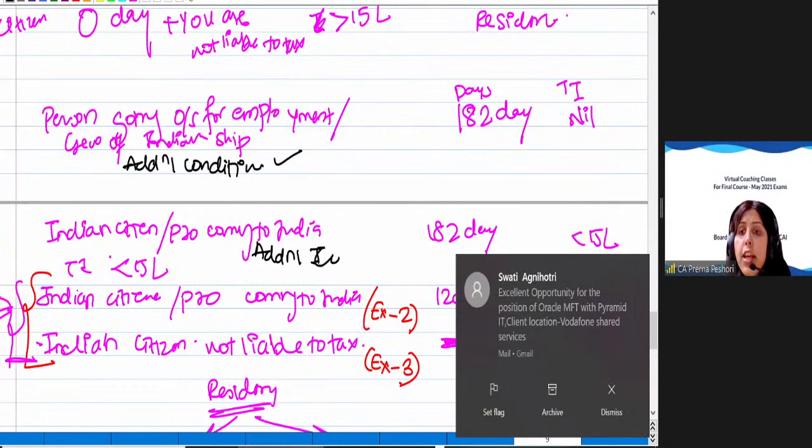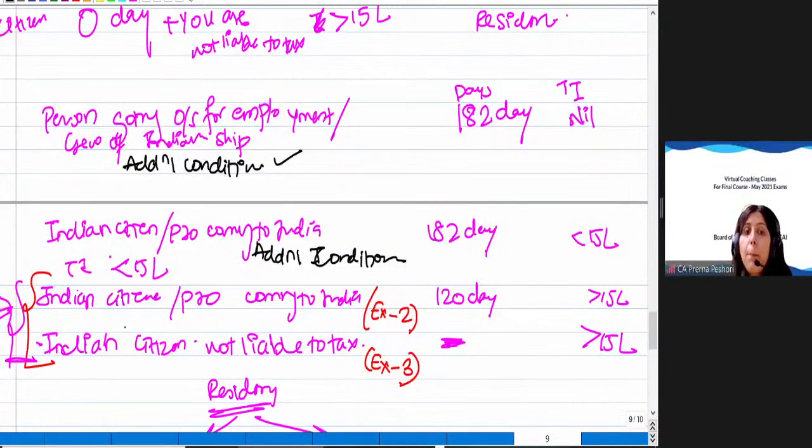But for the last 2 categories, Indian citizen or PIO coming into India, or Indian citizen not liable to tax, you will be RNOR automatically, for 120 days or more but less than 182 days. Clear? And this is automatic.